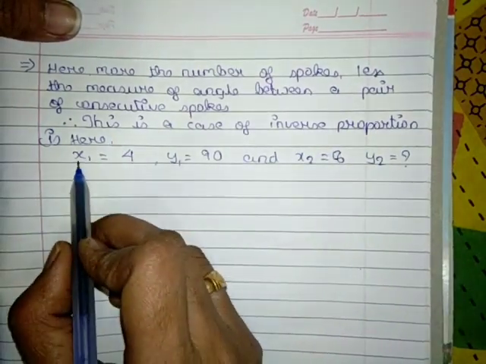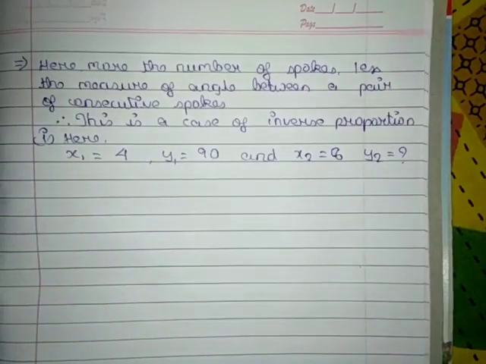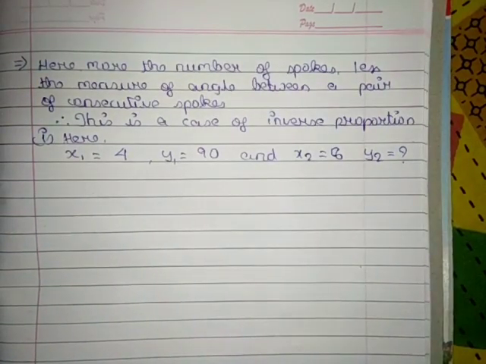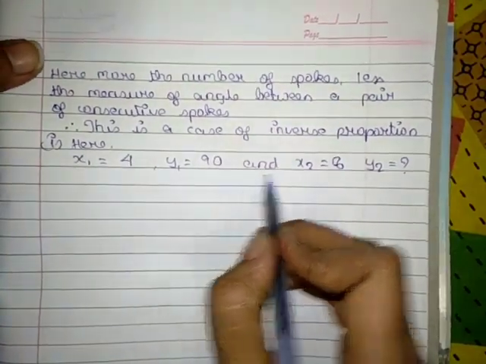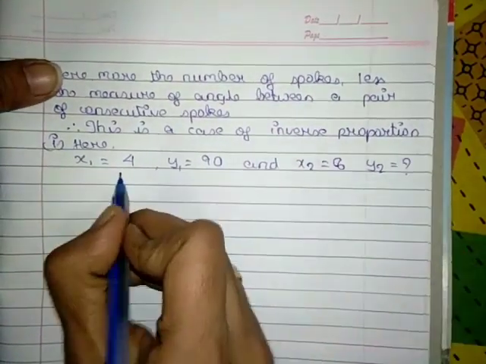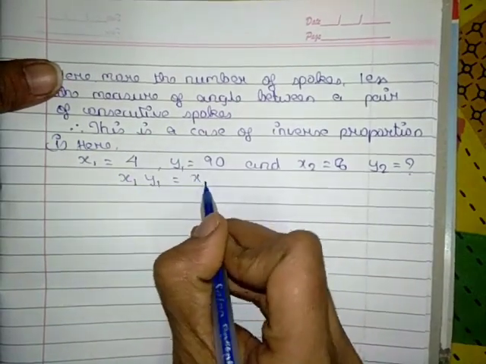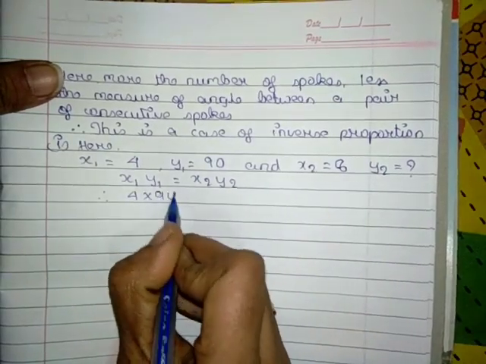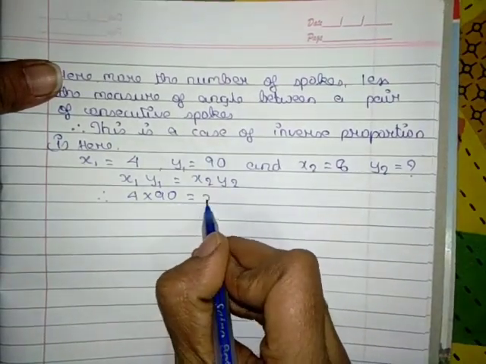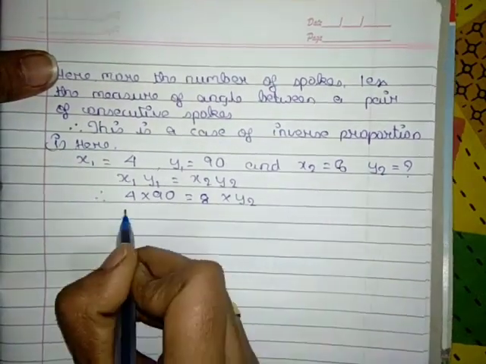Now, first we have to calculate and complete the table. So x1 is given to us as 4 and y1 is 90. x2 is 8 and y2 we have to find out. According to the formula, x1 y1 is equal to x2 y2. So 4 multiplied by 90 is equal to 8 multiplied by y2.